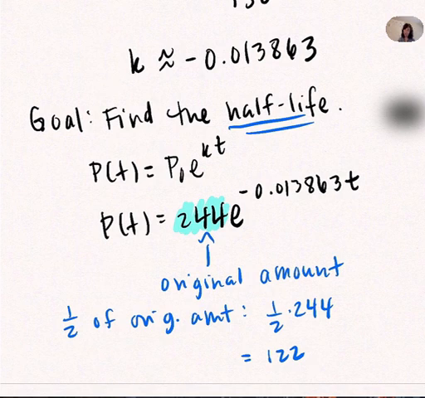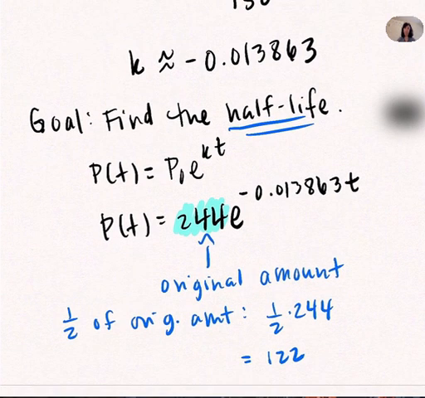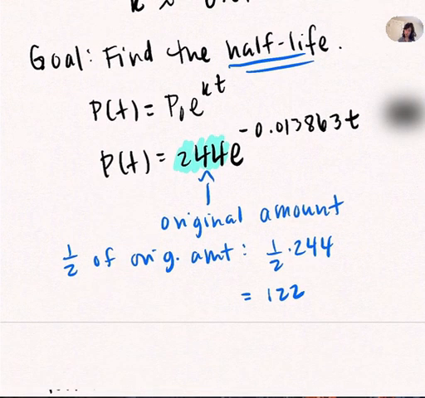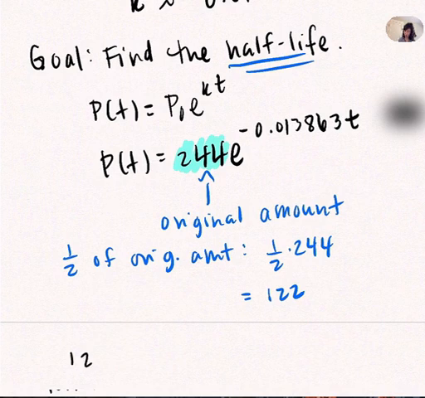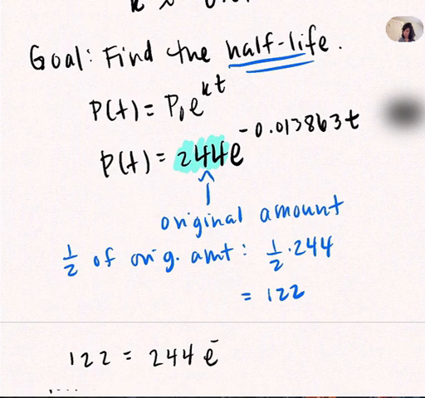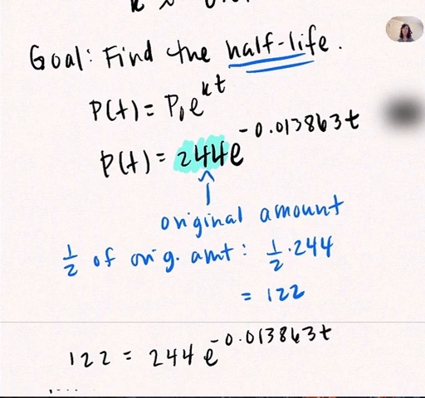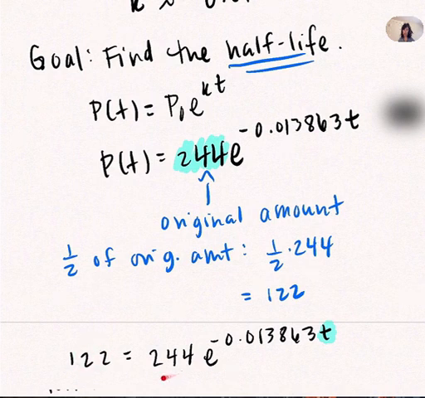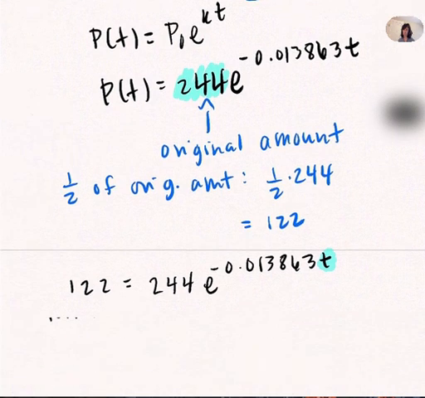So if I solve the following equation for t, 122 equals 244 e to the negative 0.013863t, the t that I find is the half-life. The t that you plug in here so that the output of this function is 1/2 of the original amount, that's by definition the half-life. So we're going to take this equation and solve for t now.